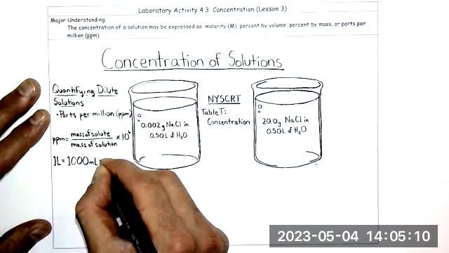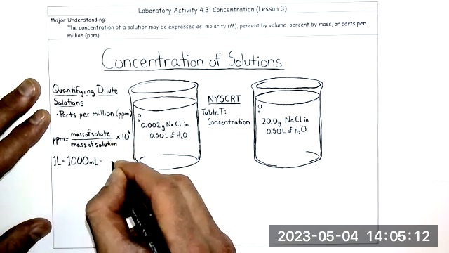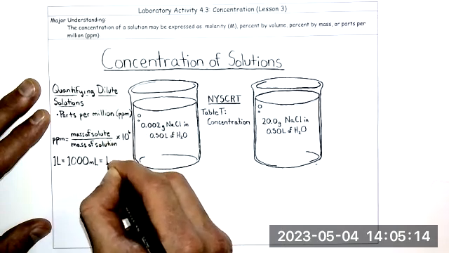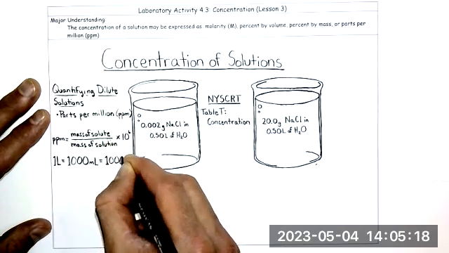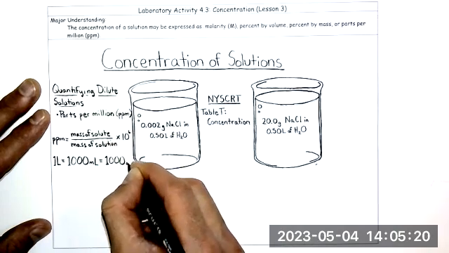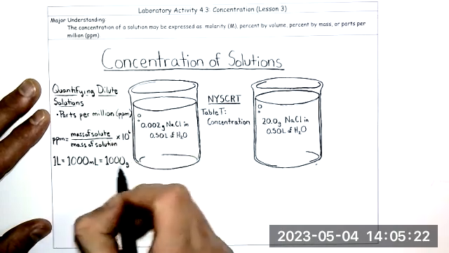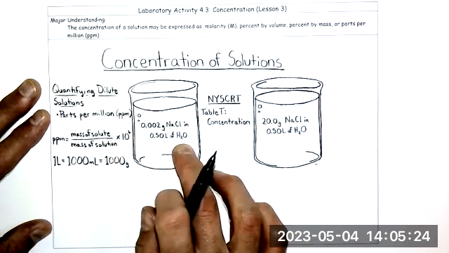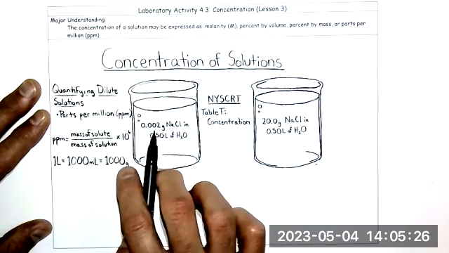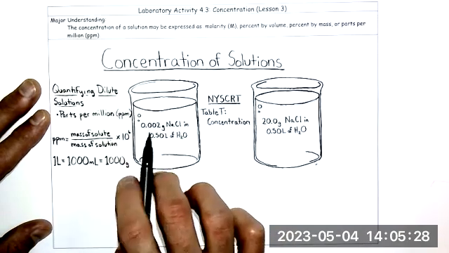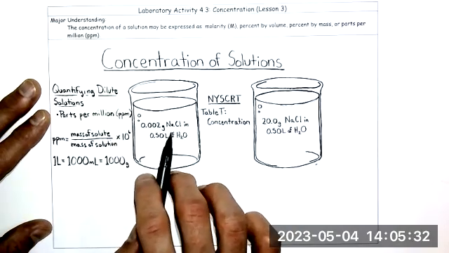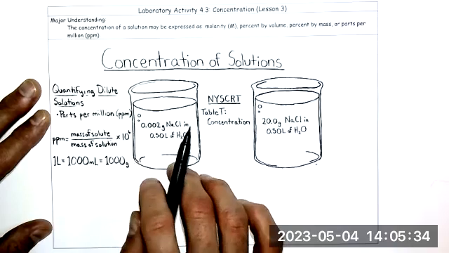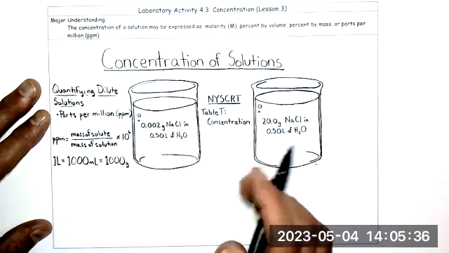So 1 liter of that solution would be approximately 1,000 grams. Now this only works if our solvent is water and if our solution is very, very dilute. For instance, 2 milligrams of salt is not really adding into the overall mass of this solution, so we can kind of ignore it.